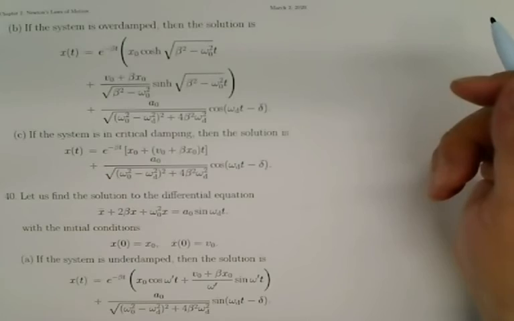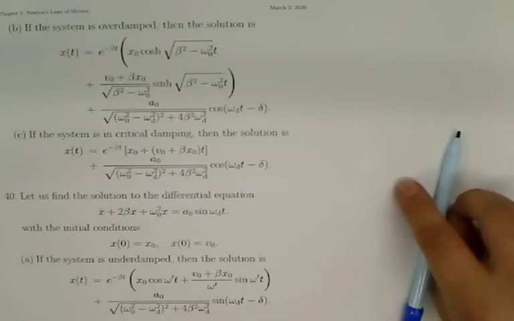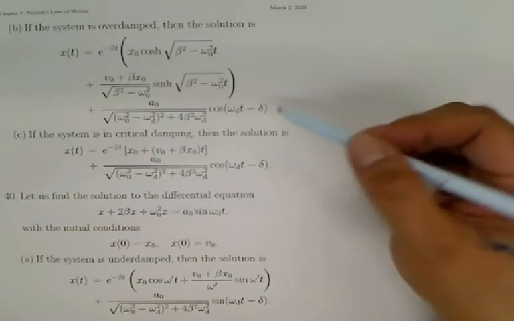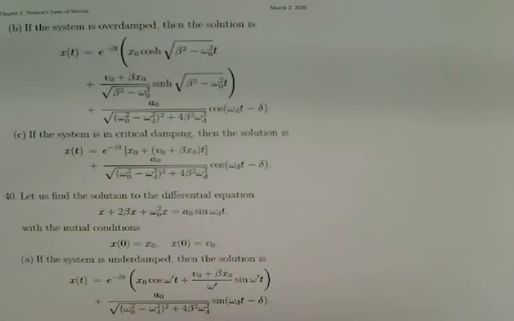So as t goes to infinity, only the particular solution survives, whether beta equals omega 0, beta is greater than omega 0, or beta is smaller than omega 0.